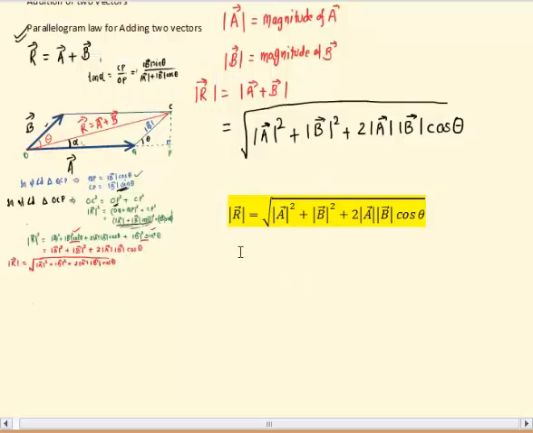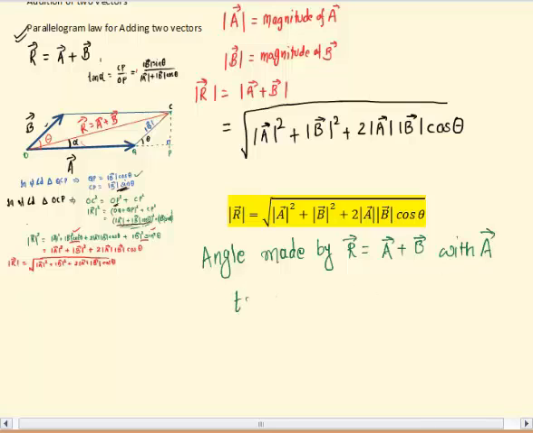The angle made by R vector, which is nothing but A vector plus B vector, with A vector is given by tan alpha equal to modulus of B sin theta divided by modulus of A plus modulus of B cos theta.